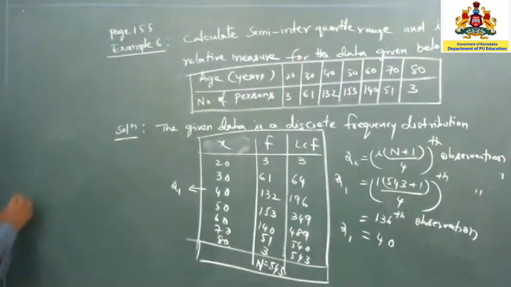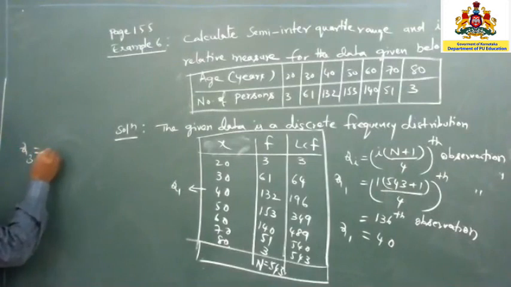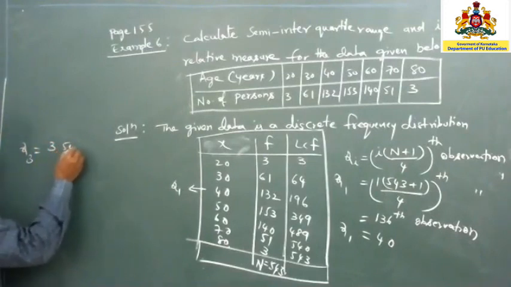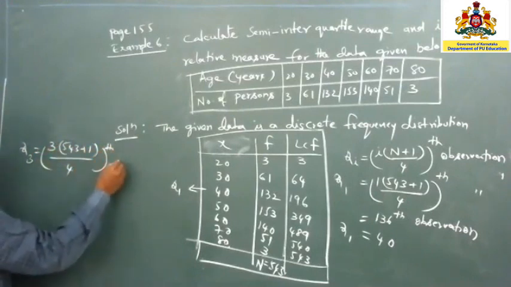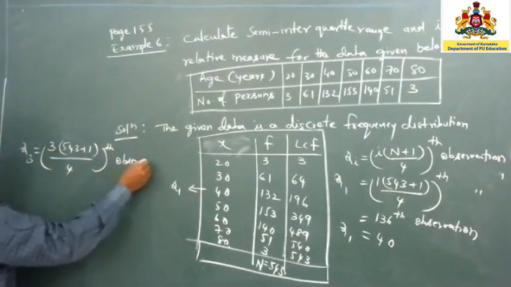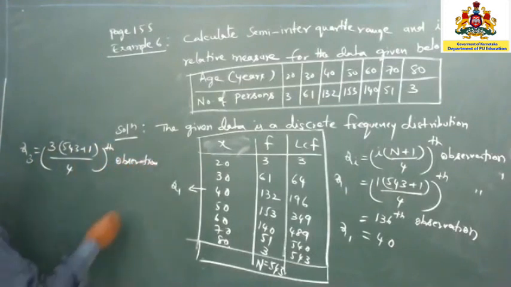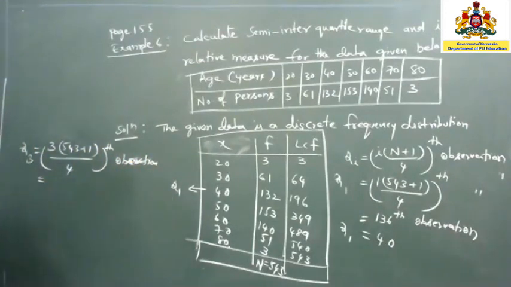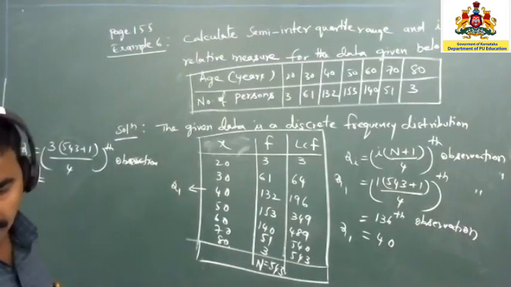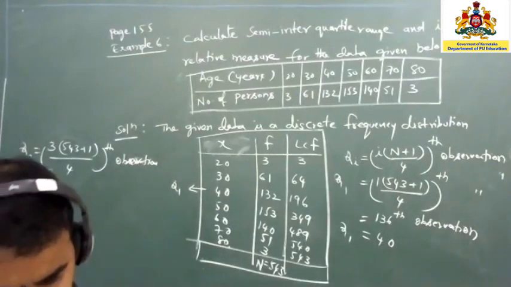Then come to Q3. Q3 equals 3 into (543 plus 1) by 4th observation.